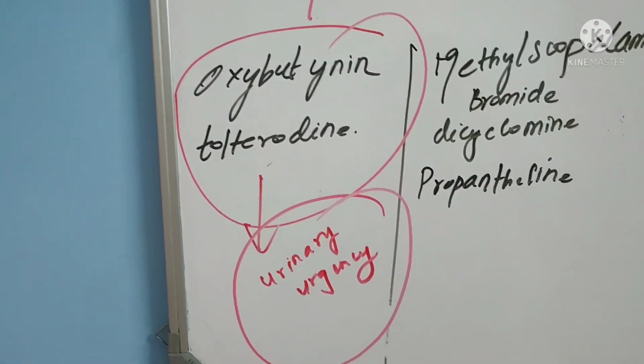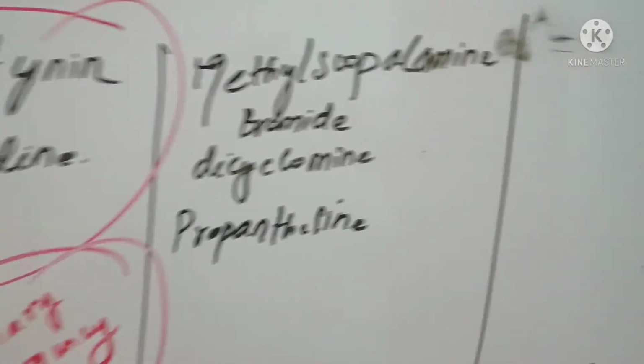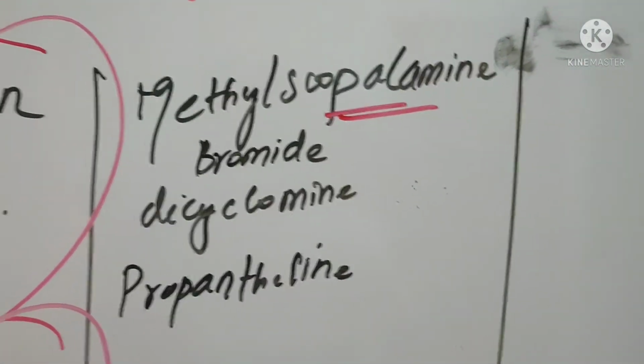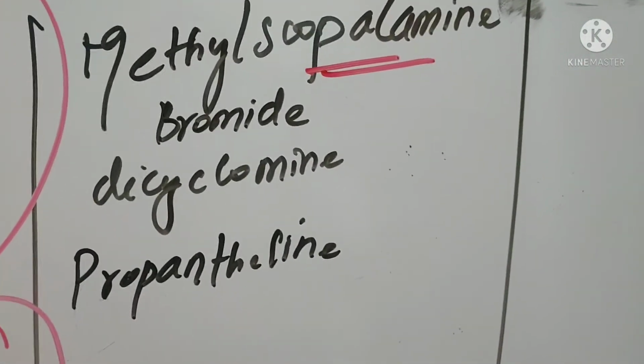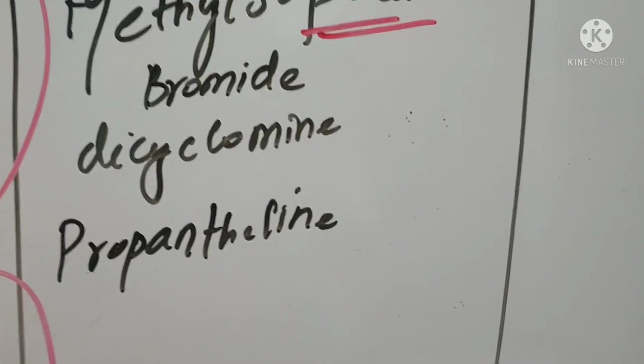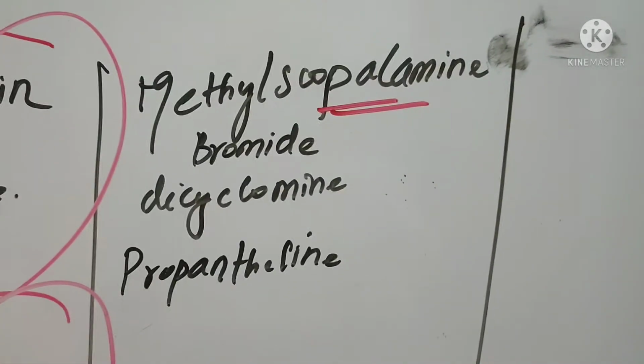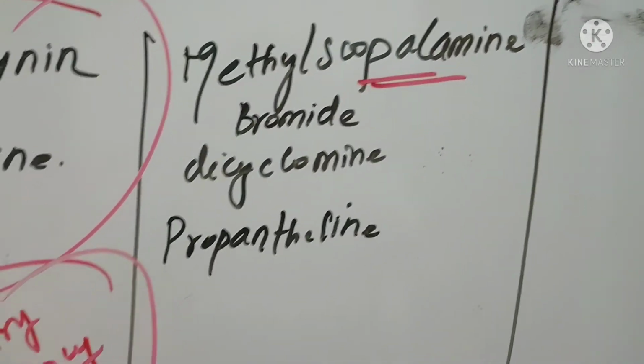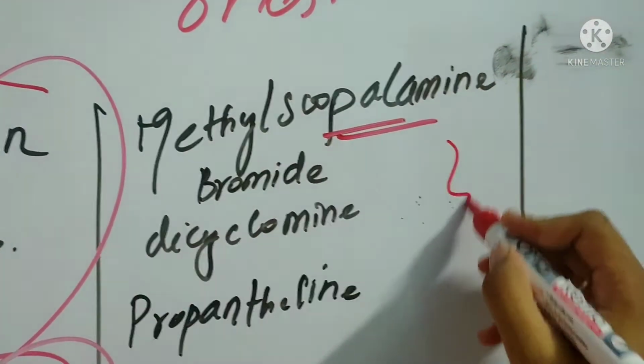And next, scopolamine is used to relieve pain. And methylscopolamine, dicycloamine, propantheline. So these three are used mainly in pain.